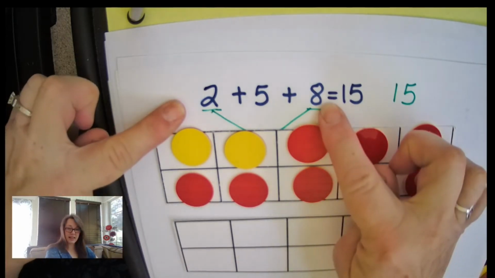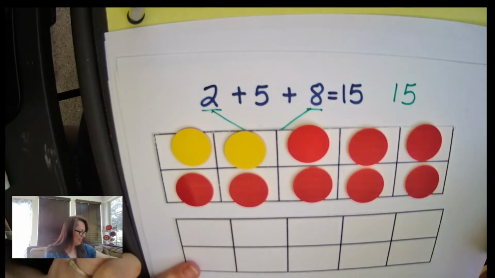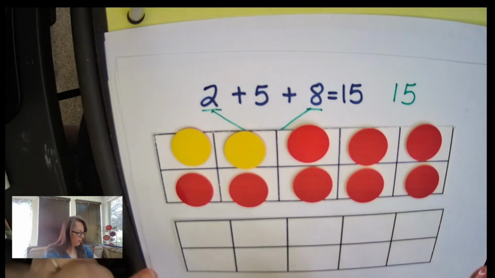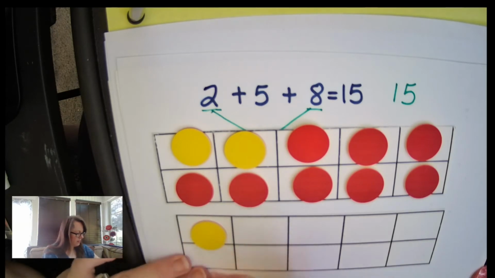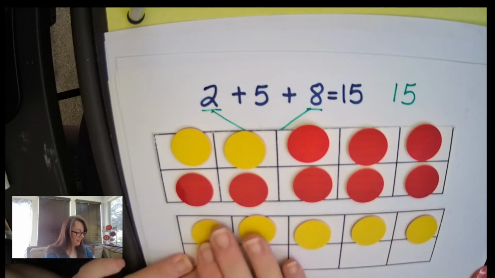So that makes the 10. And now I need 5 more. Great. 1, 2, 3, 4, 5.